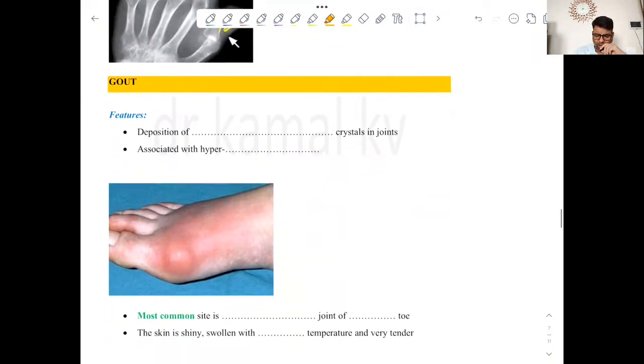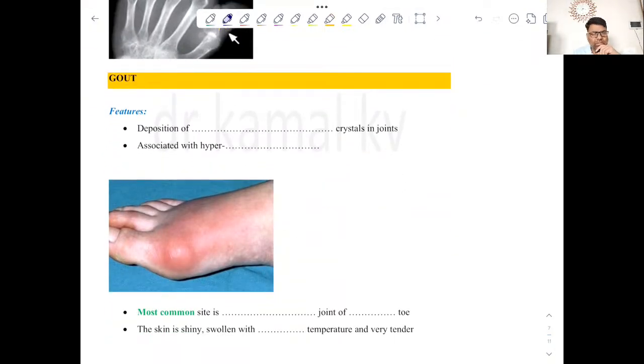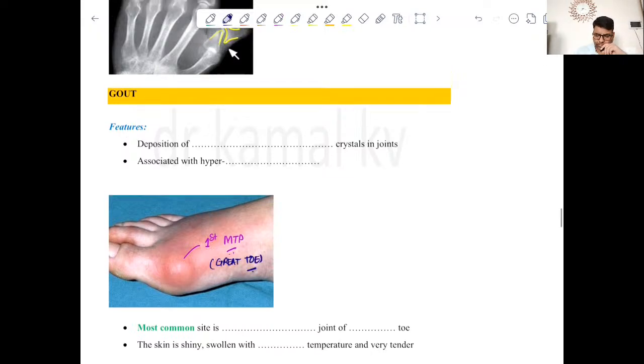Then moving forward to gout, this is one of the easiest conditions to diagnose in orthopedics. The moment you look at a patient with pain, redness, swelling of the first metatarsophalangeal joint, or in simpler words, great toe, you can straight away jump to the diagnosis of gout.